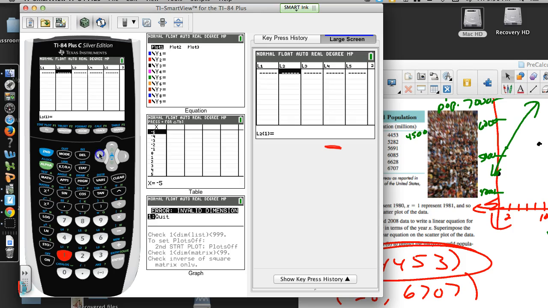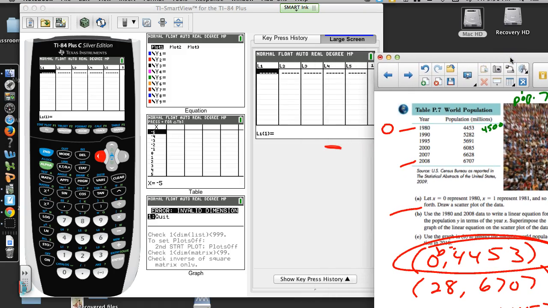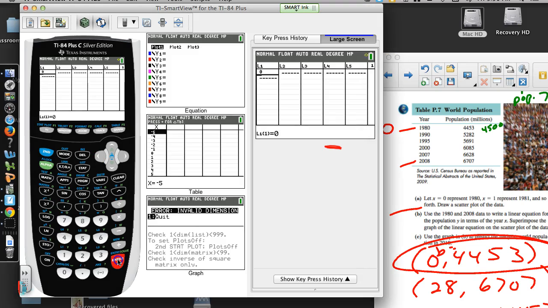Number 1. First list is going to be those values that we had created for the years based on the 0 year being 1980. So 1980 is the 0 year, 1990 is 10 years later, 1995 was 15 years later, 2000 was 20 years later, 2007 was 27 years later, and 2008 was 28 years later.